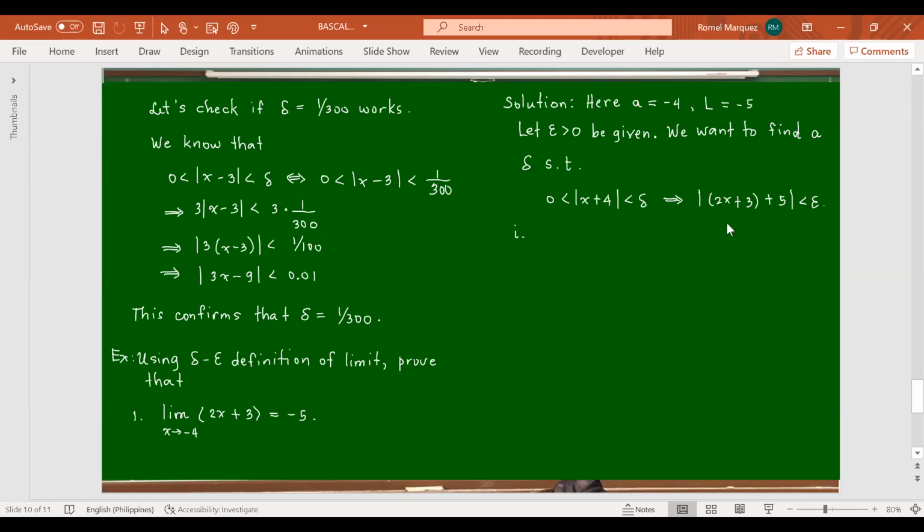If you are able to put this in this form and get a delta that satisfies this, it means this is true. Otherwise, this is not a true statement. So find an appropriate delta.